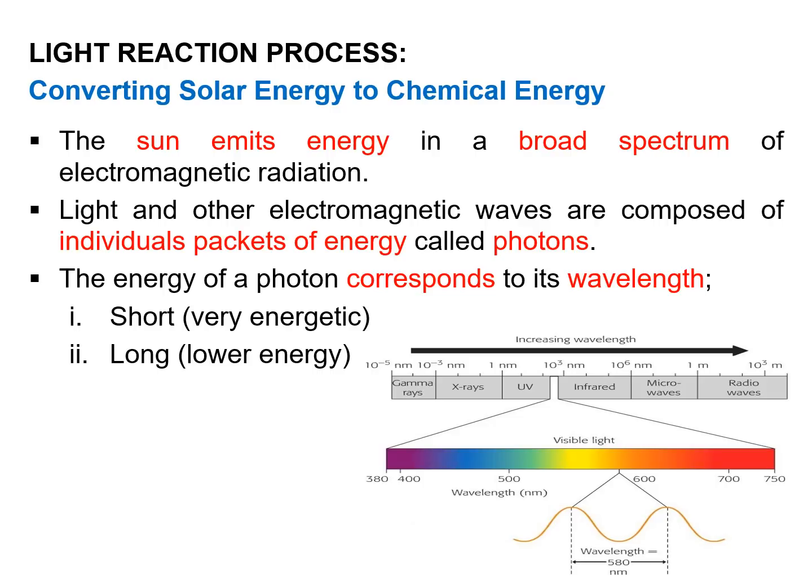It is a process of converting solar energy, or light energy, into chemical energy, which is in the form of ATP and NADPH, to be used in the Calvin cycle in order to produce sucrose as well as ADP and phosphate.